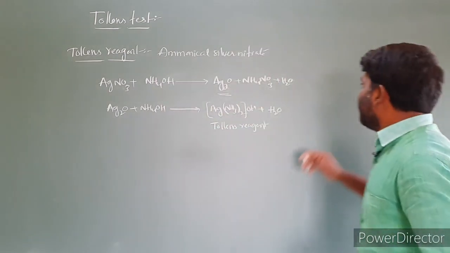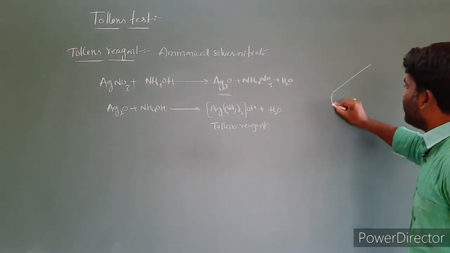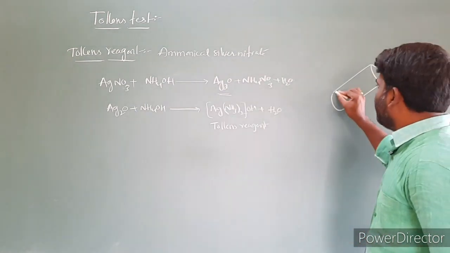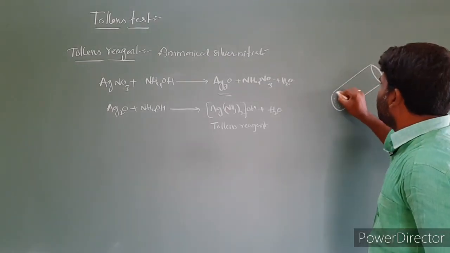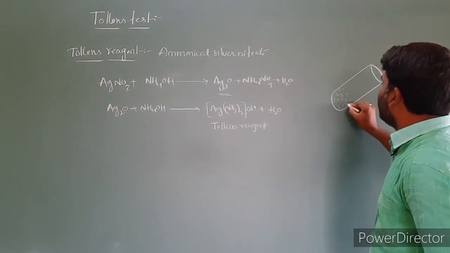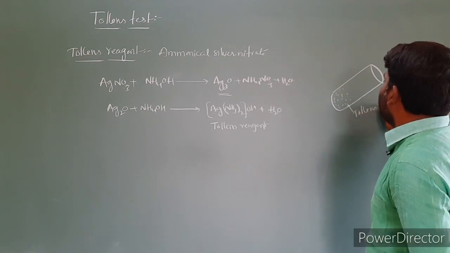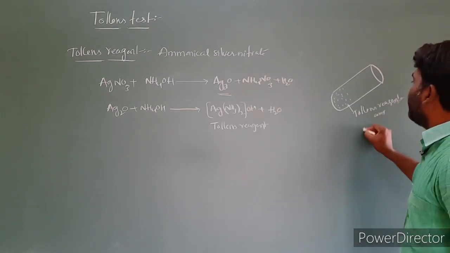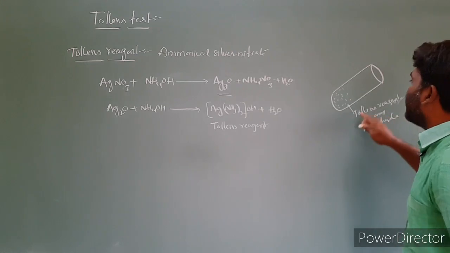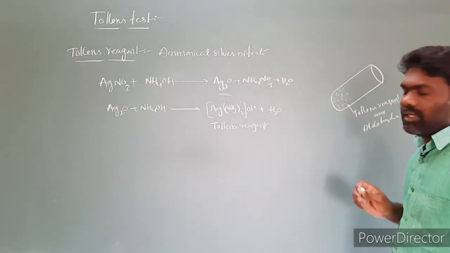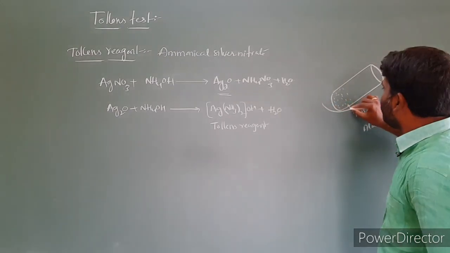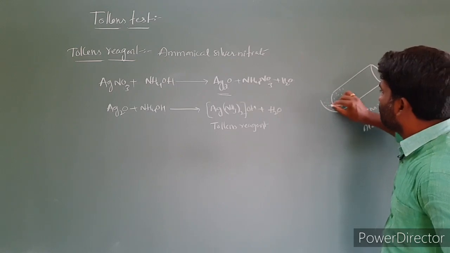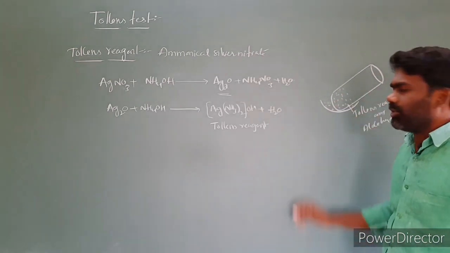First we take a test tube, and in the test tube we take the Tollens reagent and add the aldehyde. Next I place this test tube in a water bath, simply on warming.